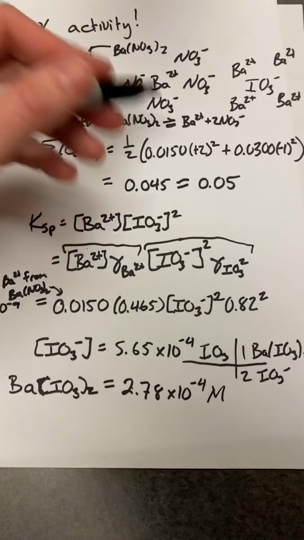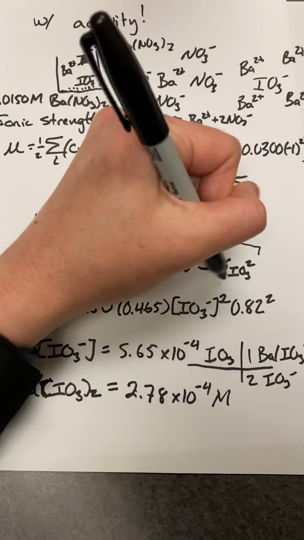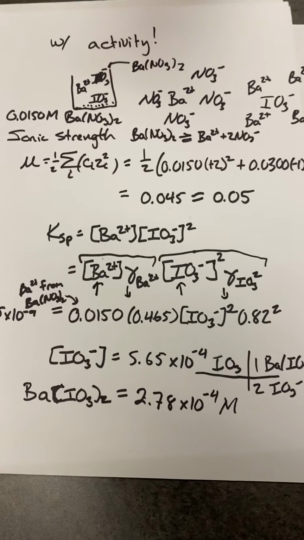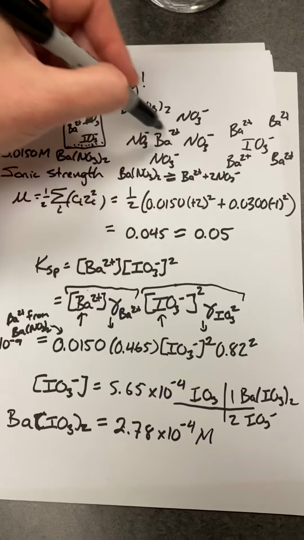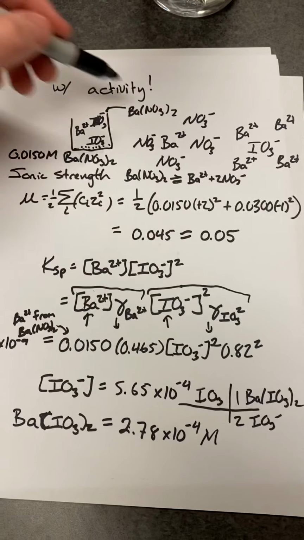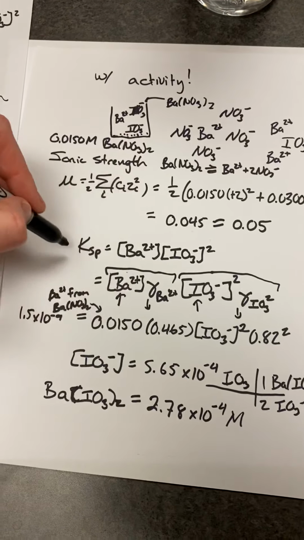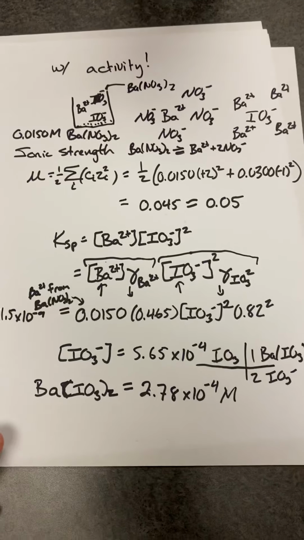The reason for that is these numbers went down, which effectively meant these have to go up, because we're removing these from solution. As we remove these from solution, more and more stuff has to dissolve to keep the equilibrium constant exactly the same. And that's what happens.